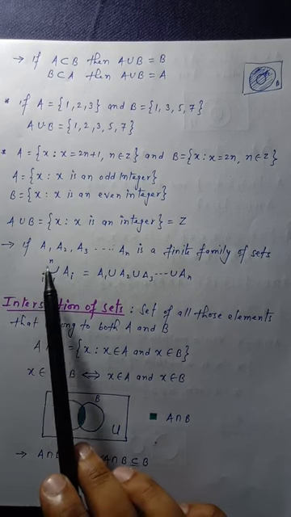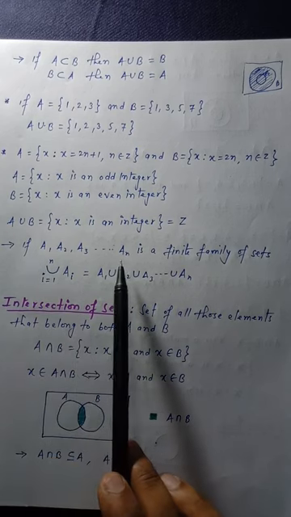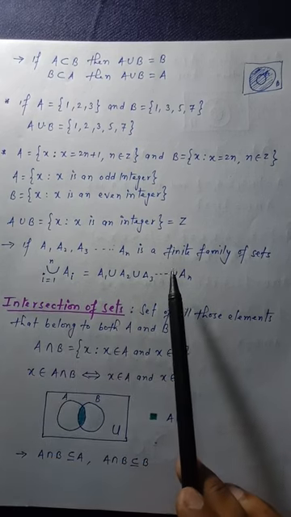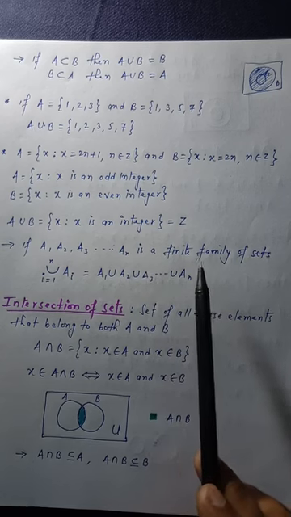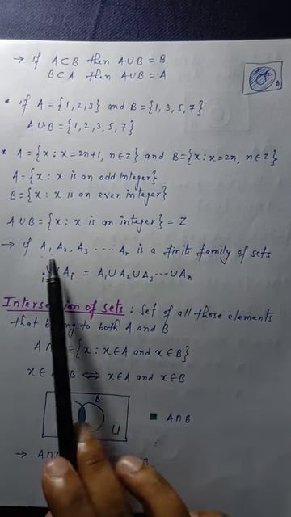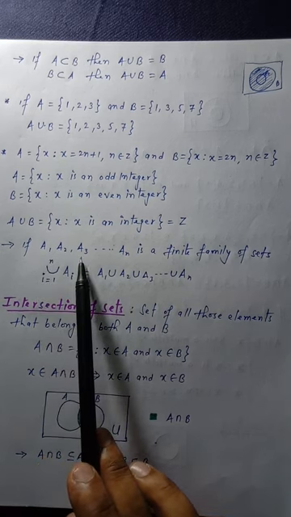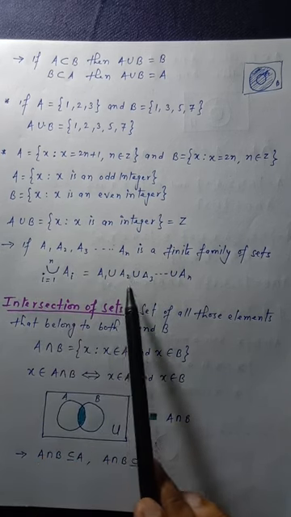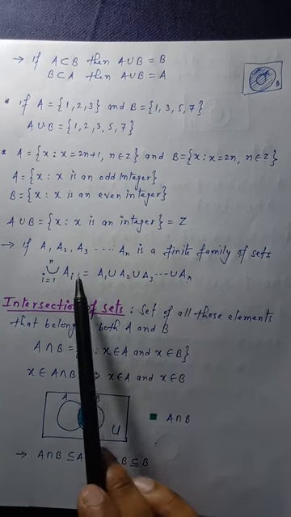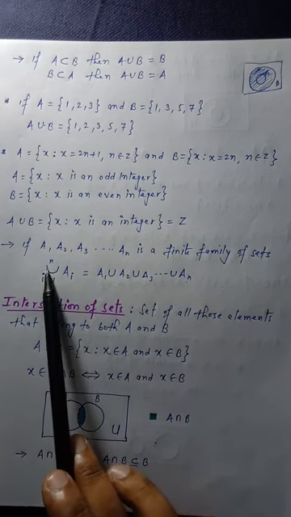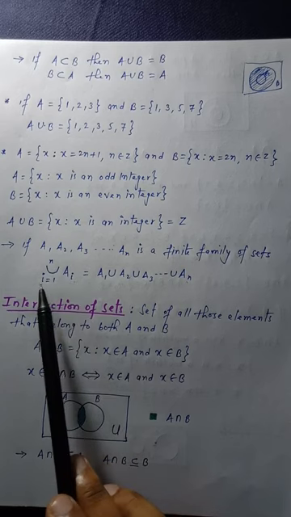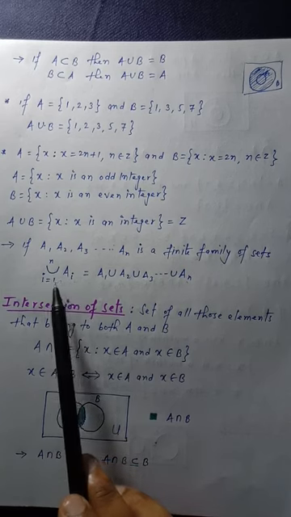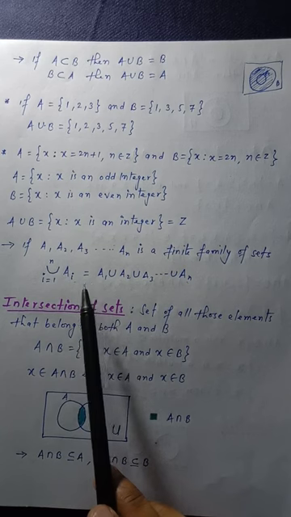When there are different sets like A1, A2, A3, up to An, and this is a finite family of sets, then the union of all the sets, like A1 union A2 union A3 and finally union An, can be written in summation form. This is a big union of Ai, where i goes from 1 to n. I hope it is clear.